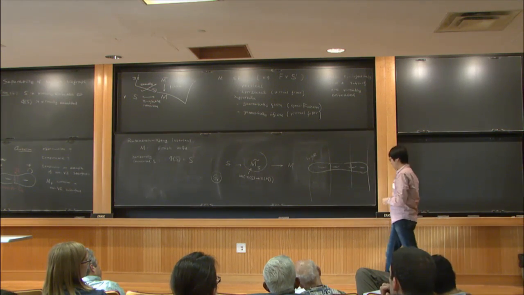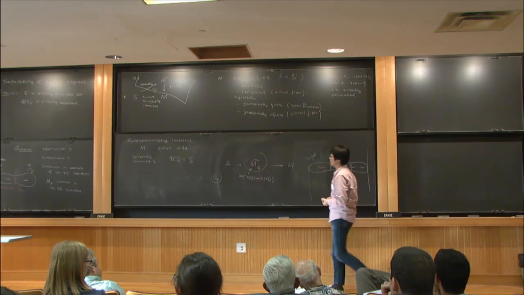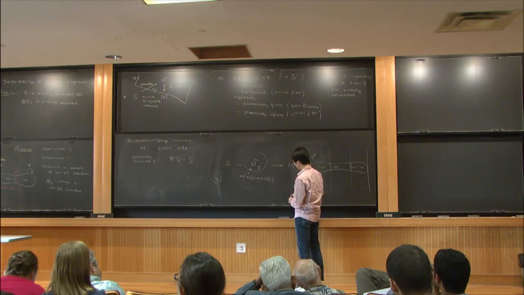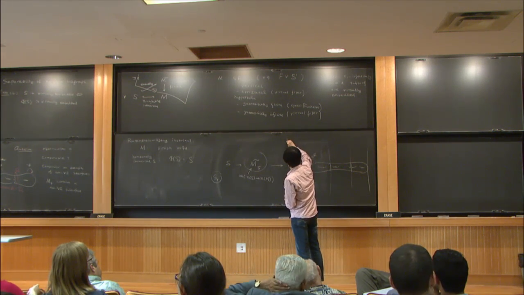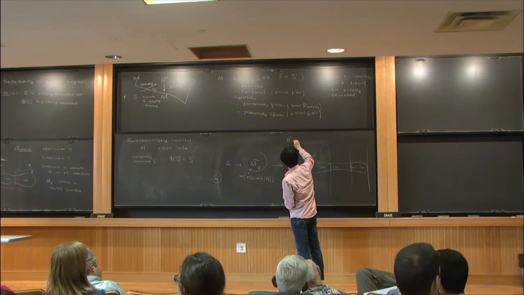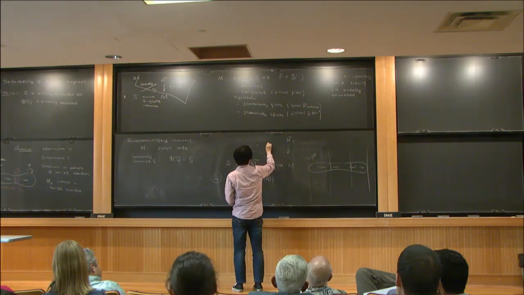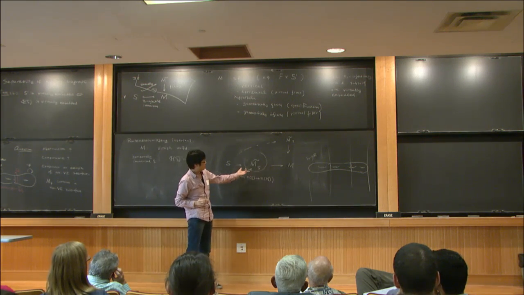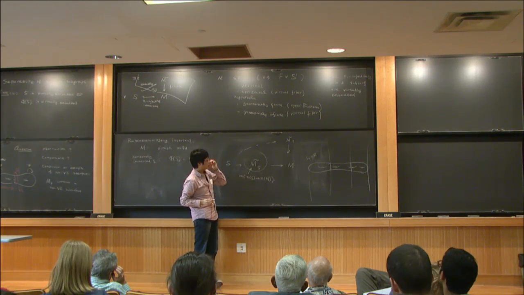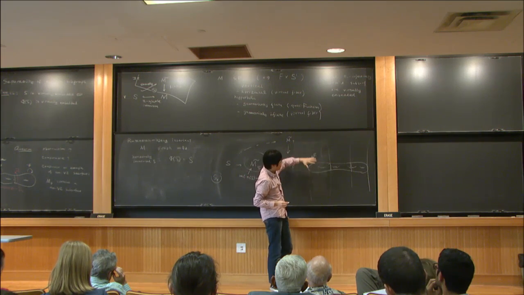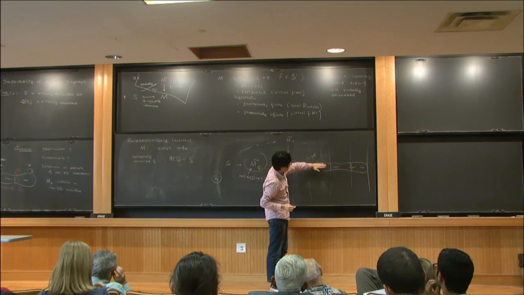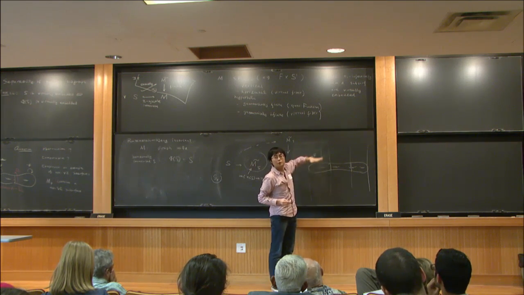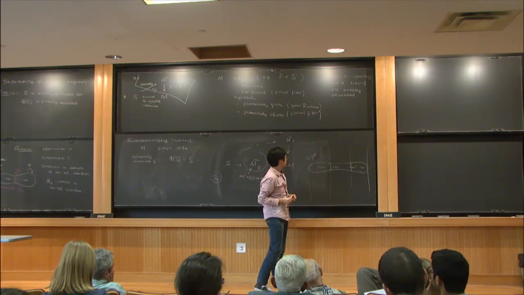Okay, but what's our task? We're trying to find a finite cover of M so that S is an embedding. But if you think about this picture, you're basically saying that I can look at the deck transformation of this surface inside this piece. I might have a number of different deck transformations.